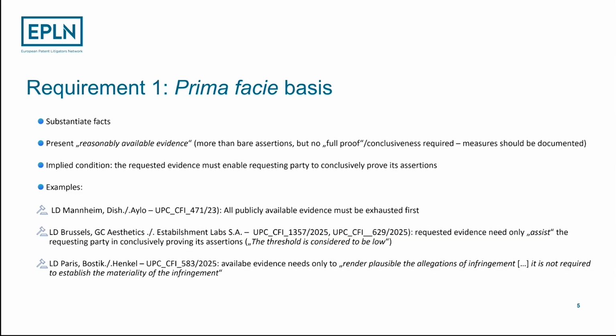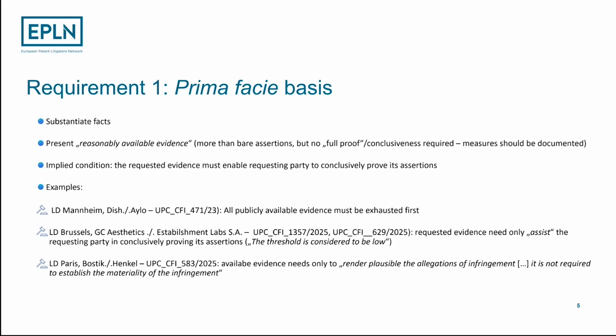That means also, for example, not only freely publicly available sources, but also information behind paywalls. There was a case, I think it was about streaming portals, where the court explicitly ruled that it would have been within the responsibility of the applicant to also go down that alley.